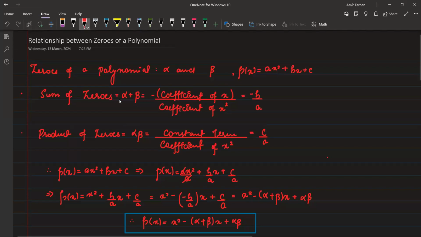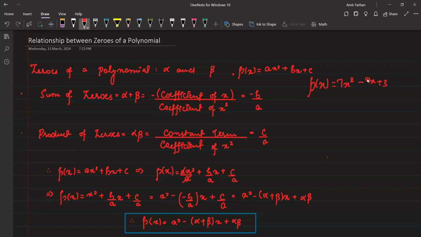It is given as minus of the coefficient of x divided by the coefficient of x square, that is minus b upon a. Clear? Sum of zeros is related to the coefficients as minus b upon a. And you have to consider the sign of b as well. Suppose the question is like this: 7x square minus 9x plus 3.